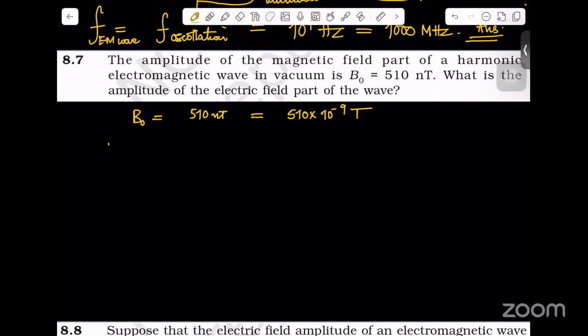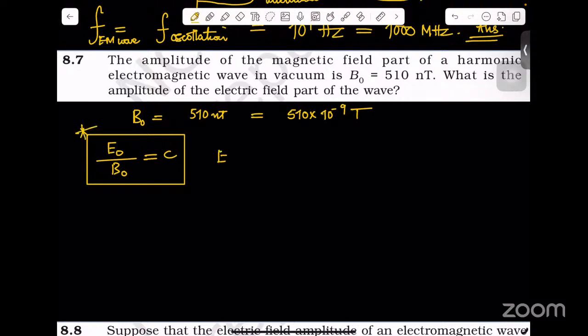And we know the relation between the electric and magnetic field is E naught upon B naught always equals the speed of the electromagnetic wave. So this relation you should know. From here we can find the amplitude of the electric field component, which is c B naught, where c is the speed in vacuum. So 3 into 10 raised to the power 8 into 51 into 10 raised to the power minus 8.